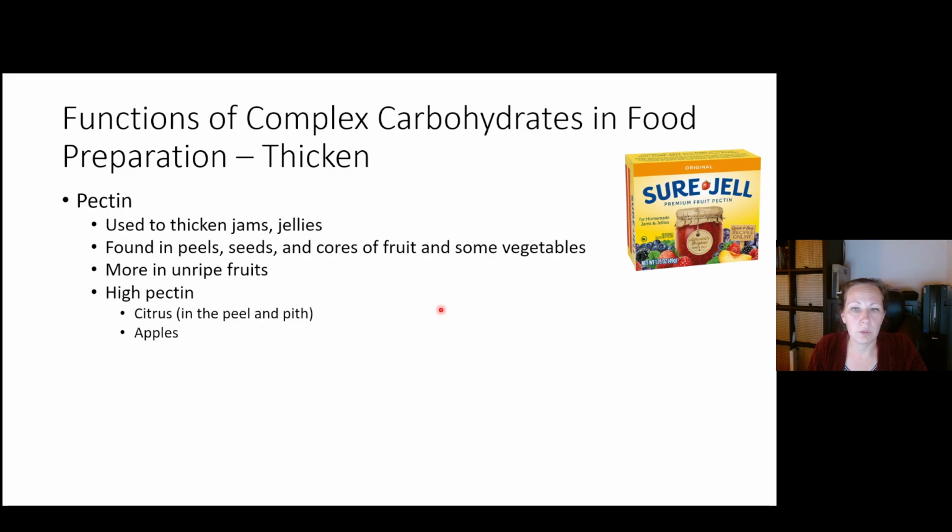As far as apples, you'll find more pectin in apples that are underripe, or tart varieties of apples. For example, the book mentions crab apples as a source of pectin. That is an apple variety, and it is very tart, and so they are a great source of pectin because they fall under that.